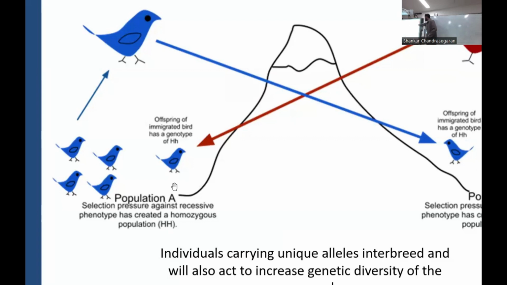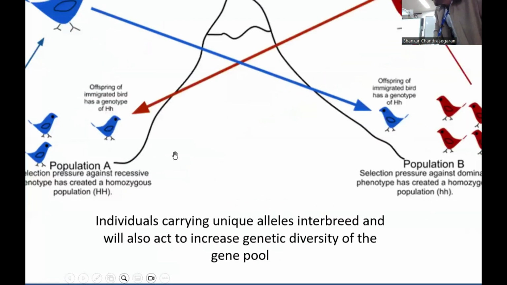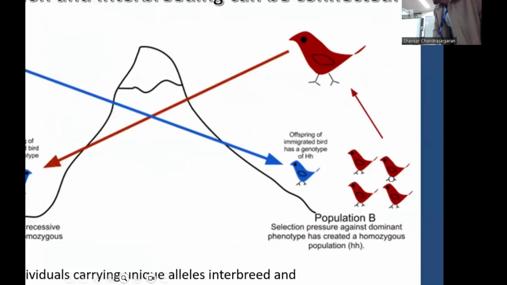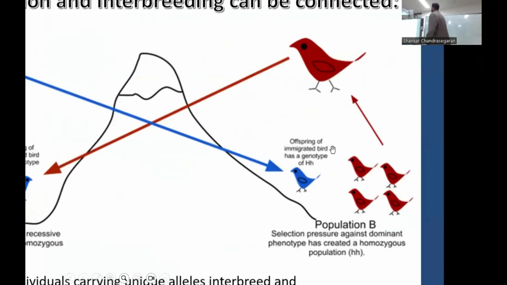When they move into this population, which has a homozygous recessive allele, the offspring of the immigrated bird will suddenly have the genotype heterozygous, capital H and lowercase h, which is in turn saying that the genetic diversity is increasing.